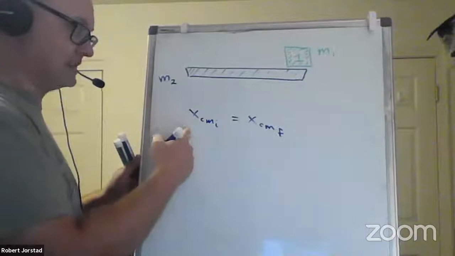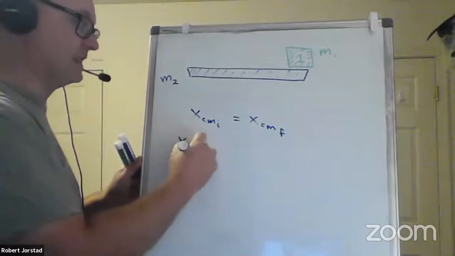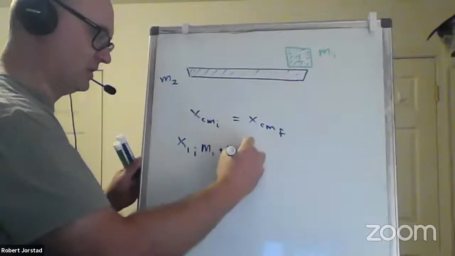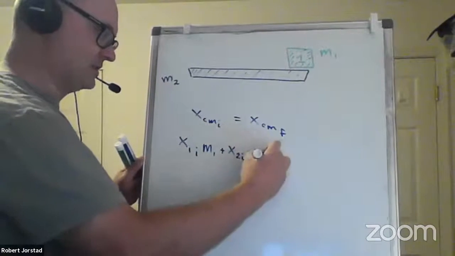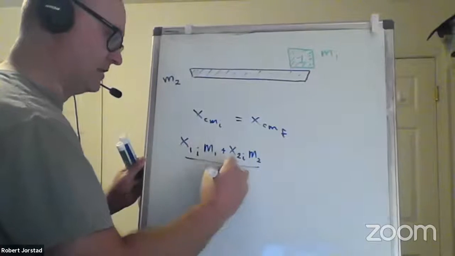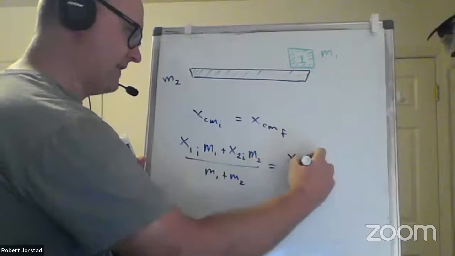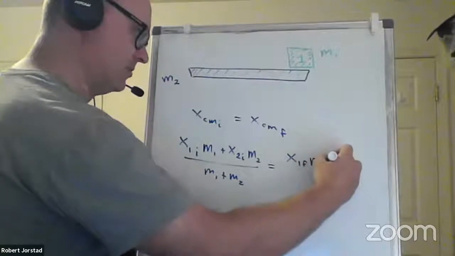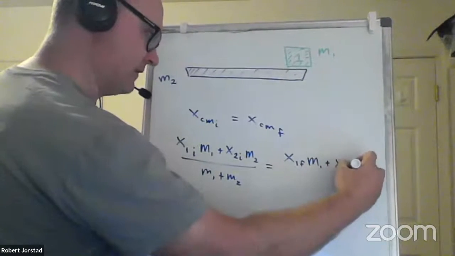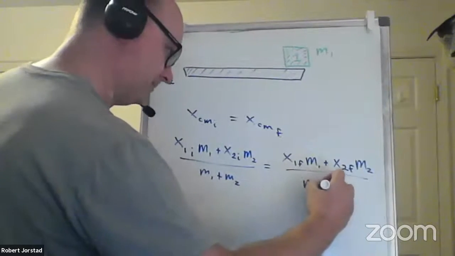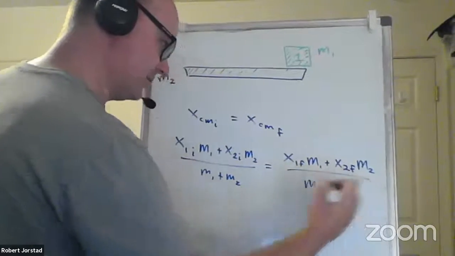Now, in this case, we'd say x1 initial times mass 1 plus x2 initial times mass 2, all over m1 plus m2, has to equal x1 final m1 plus x2 final m2, all over m1 plus m2.